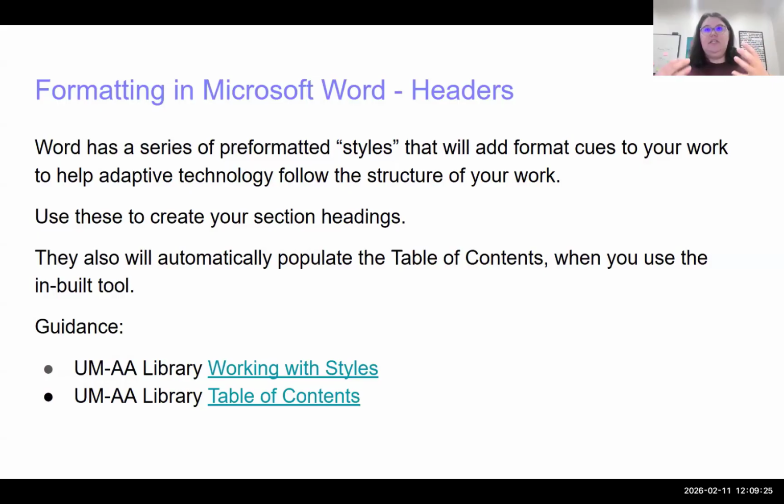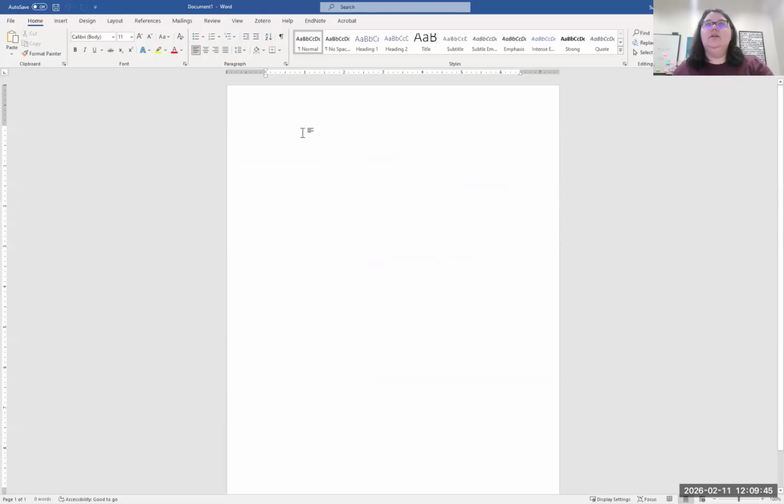So you're going to need to use these inbuilt tools to create the section headings. This is the other great thing about this: it will automatically populate a table of contents when you're using this inbuilt tool. Okay. So on this, I'm just going to open up a brand new Word document here.